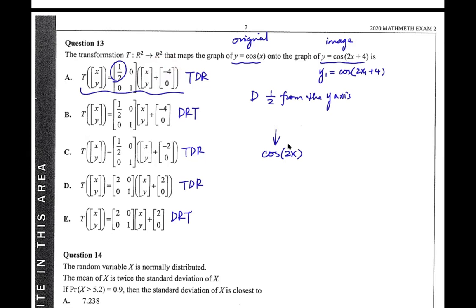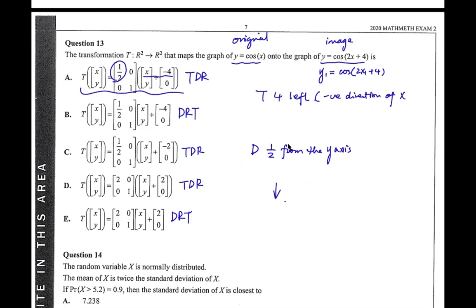I may need to adjust the procedure a bit. In fact, it's the translation by 4 units left, or negative direction of x-axis. So you are making cosine of x match cosine of x plus 4, okay? Then you are doing the dilation of half from the y-axis.